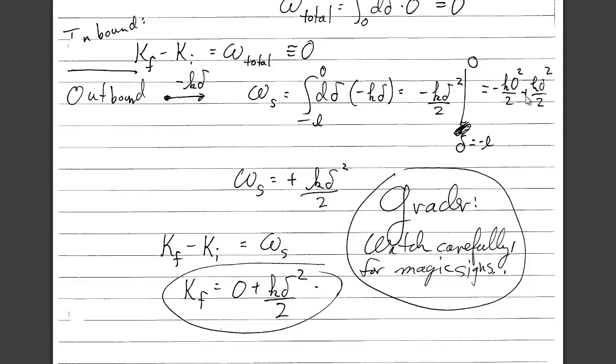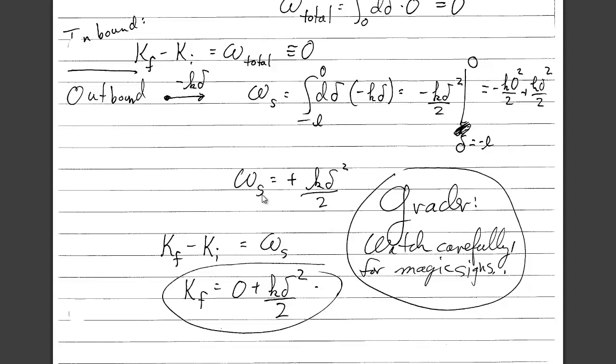And you have a minus, because you subtract the initial point, minus K delta squared. Two minuses make a plus. K delta squared, but minus L square and L square are equal to each other, so the work done by the spring is plus K delta square over 2, where delta is equal to minus L.